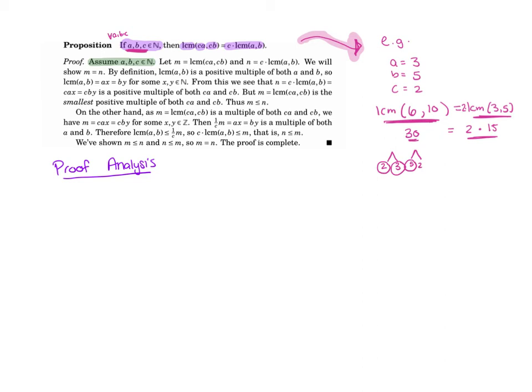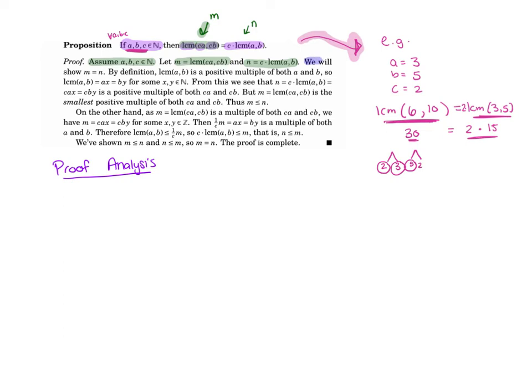Now, we want to say something about this LCM. So I'm just going to call that m. And I'll call n c times that LCM. So they're just naming these two terms that we want to refer to. And we're trying to show that they're equal. So next they tell us exactly what they're going to do.